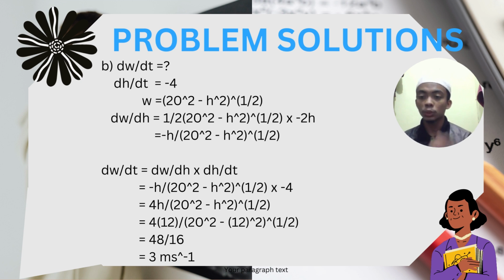Next, we replace the values of dw over dh and dh over dt. We then get dw over dt is 4h over (20^2 - h^2) square root, and we replace the value of h.